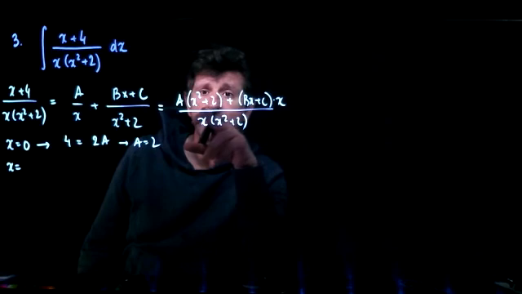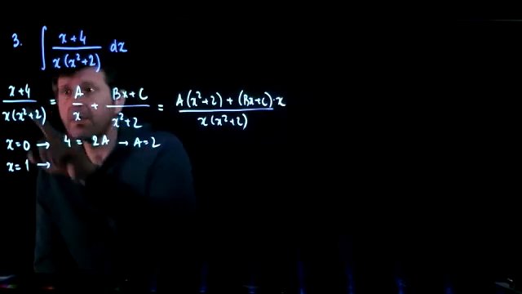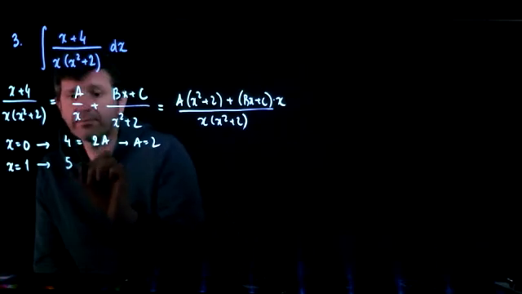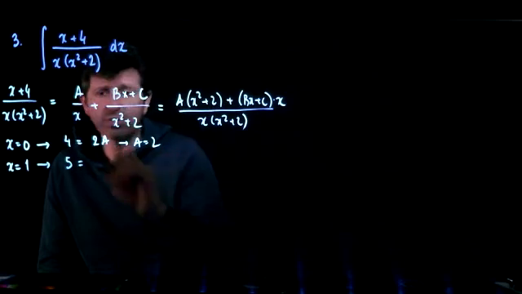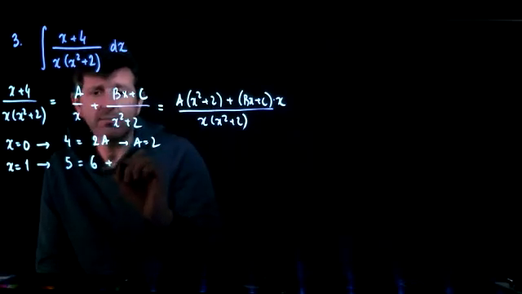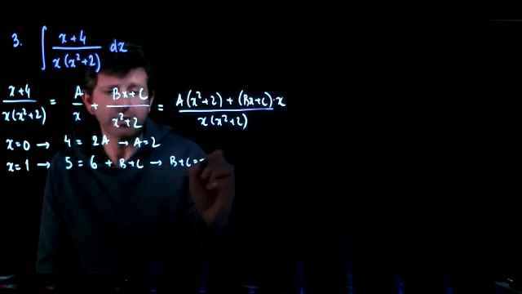So I'm going to plug in x equals, let's say, 1. So here I have 5. And if I plug in 1 here, I get 1 plus 2 is 3, 3 times a, which is 2, is 6, plus b plus c. And so b plus c is equal to -1.